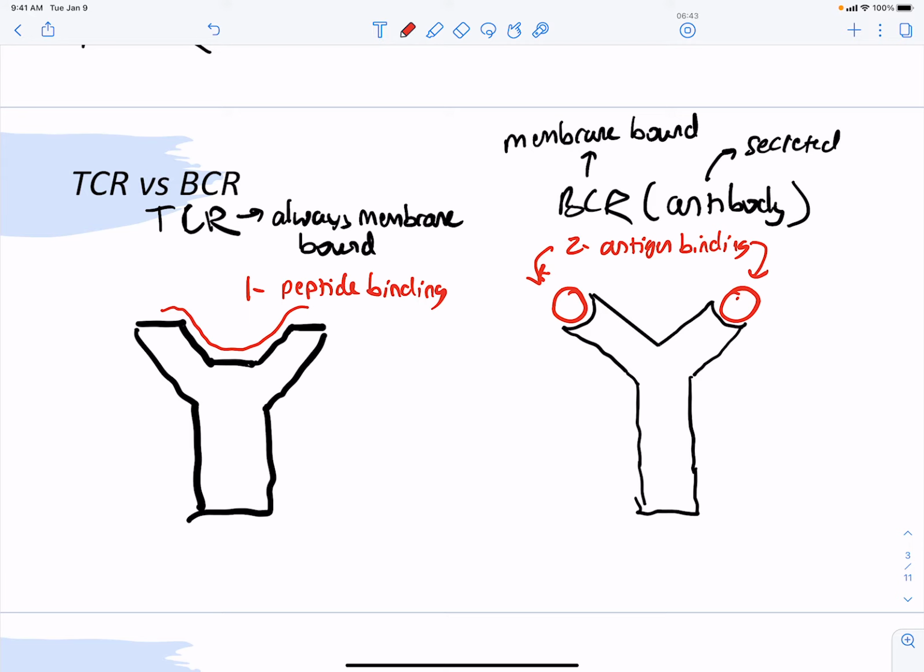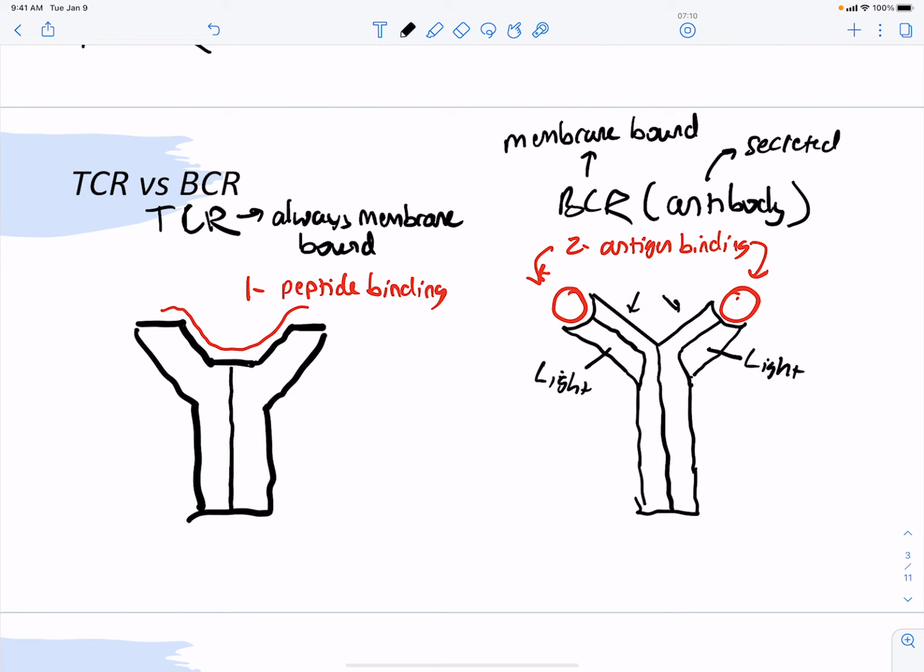Now your T cell receptor has two halves, and your antibody has two chains. So here is our light chain, and here is our light chain, and then these are our heavy chains.